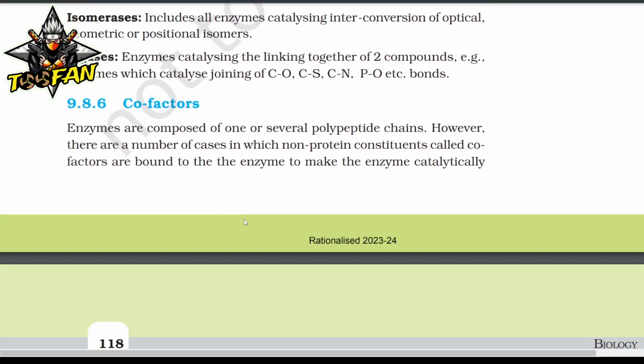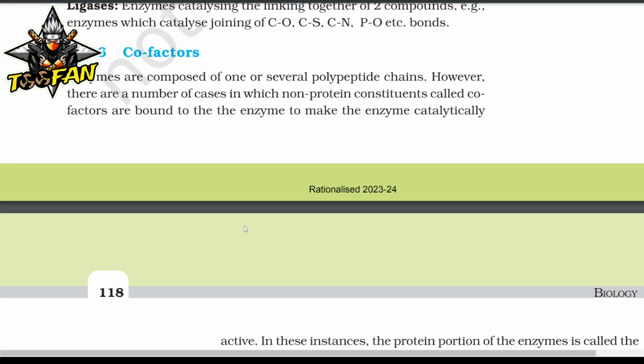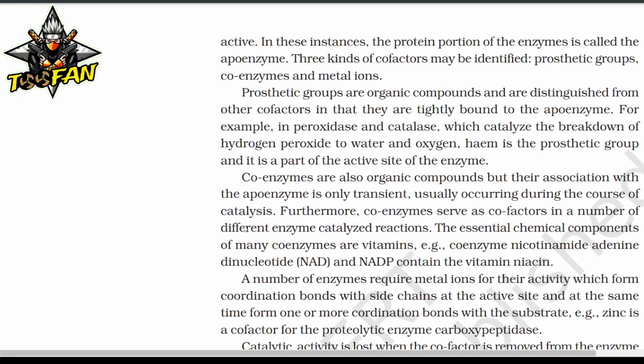Bonds. Cofactor. Enzymes are composed of one or several polypeptide chains. However, there are a number of cases in which non-protein constituents called cofactors are bound to the enzymes to make the enzymes catalytically active. In this instance, the protein portion of the enzyme is called the apoenzyme. Three kinds of cofactors may be identified: prosthetic groups, coenzymes, and metal ions.